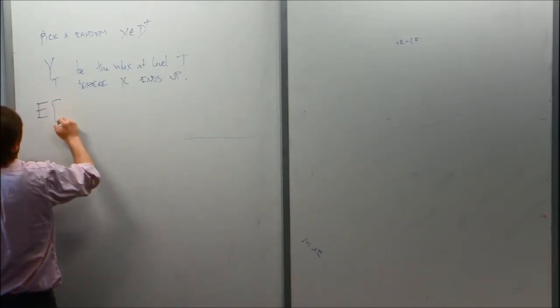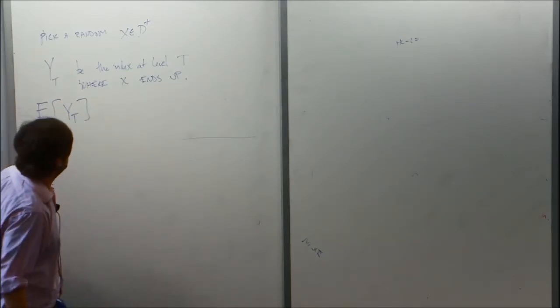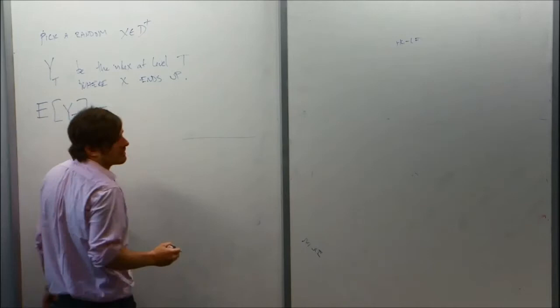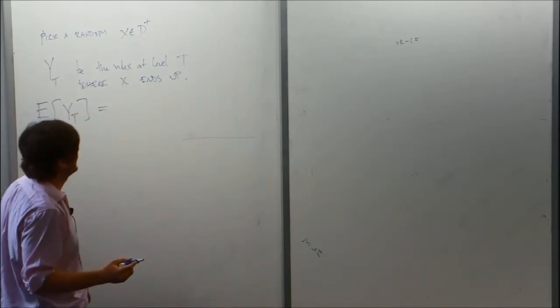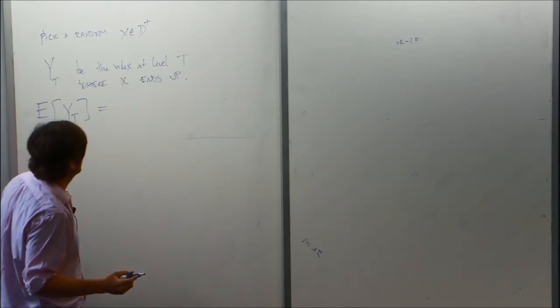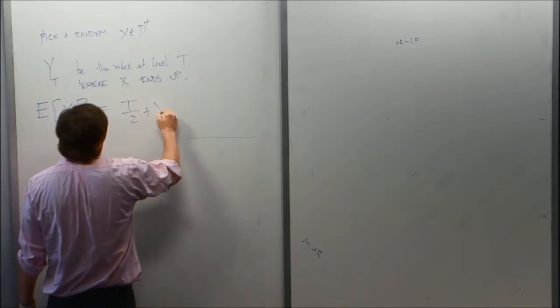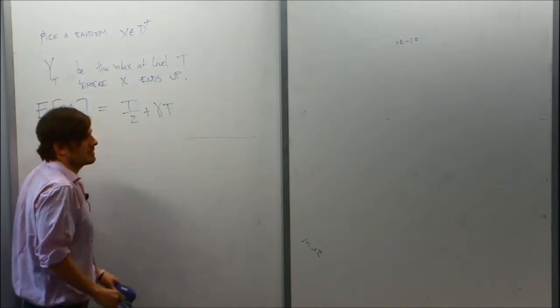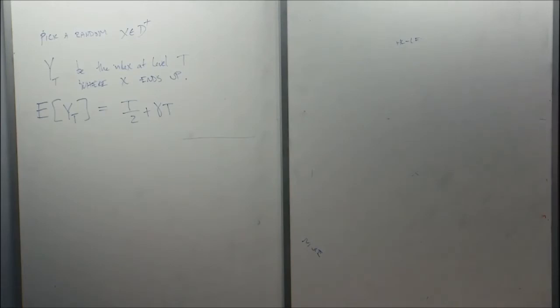And I want to say that it's clear that the expectation of y sub capital T is exactly t over 2 plus gamma t. This is just by linearity of expectation.